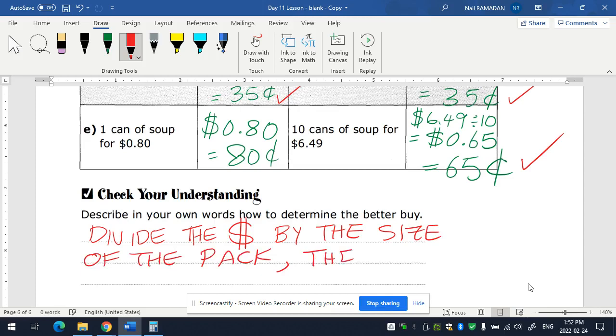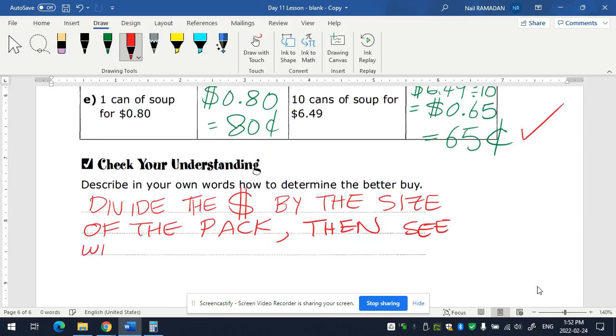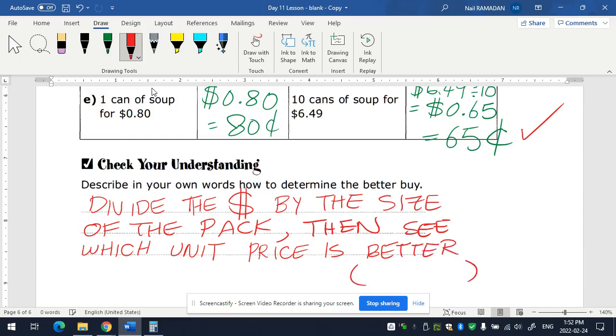Then see which unit price is higher or lower? Cheaper, lower? Yes. Unit price is, I'm going to say, better. And in brackets, better means cheaper. Done. That's it.